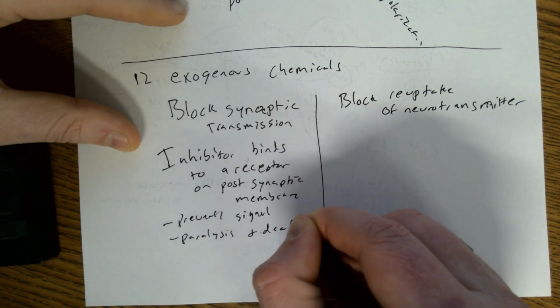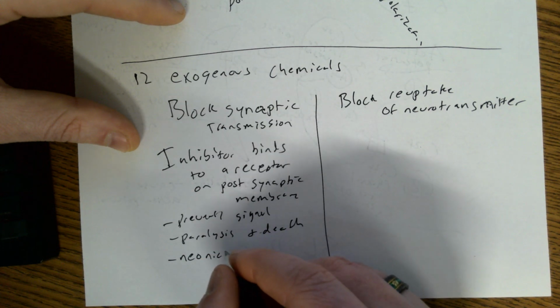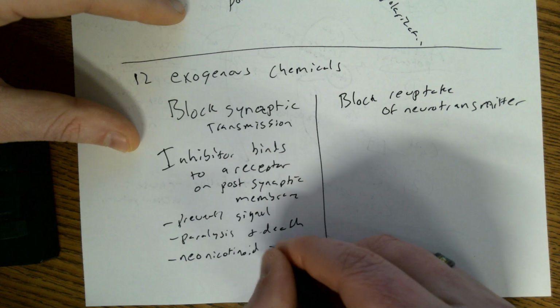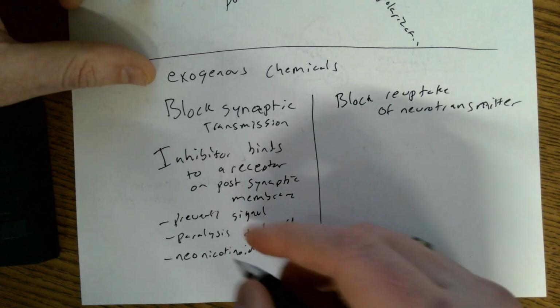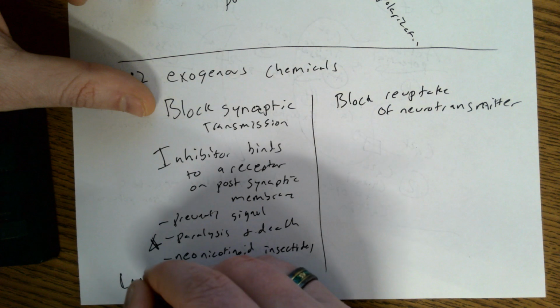Our specific example for this one is neonicotinoid. I hate the spelling of this. Neonicotinoid insecticide. These are for insects, and this is one of the ways we kill insects. The reason it leads to paralysis and death is because you cannot break down the inhibitor.